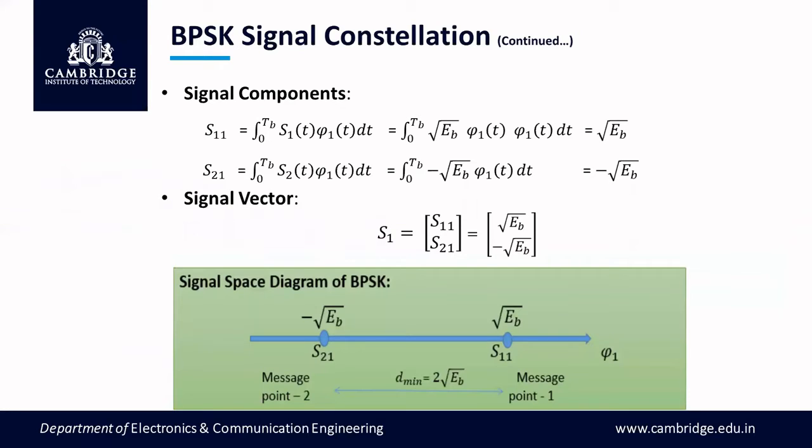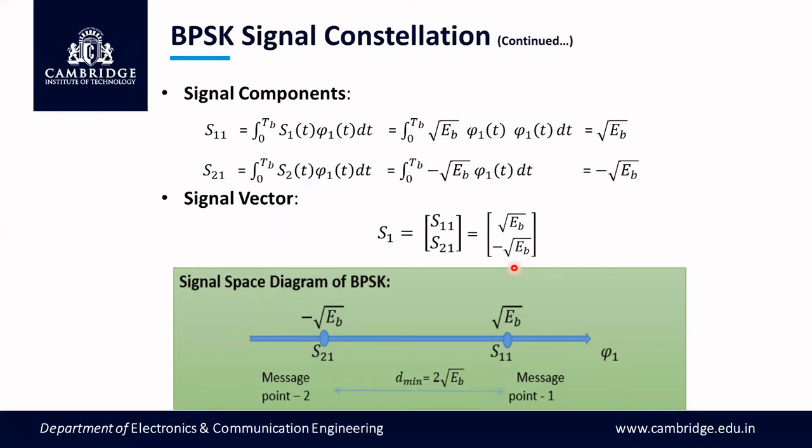So it depends on the kind of device you use. Right. If you look in here, the signal components of both the symbols. For symbol 1, the signal component is root EB. For symbol 0, it is minus root EB. According to that, the signal vector is given here, a column vector containing the values root EB and minus root EB.